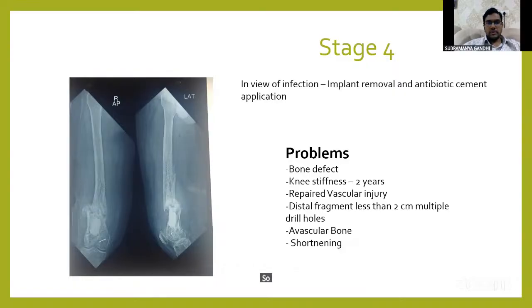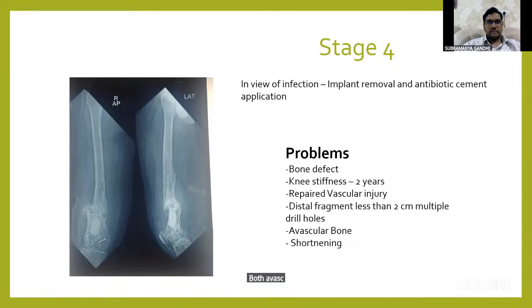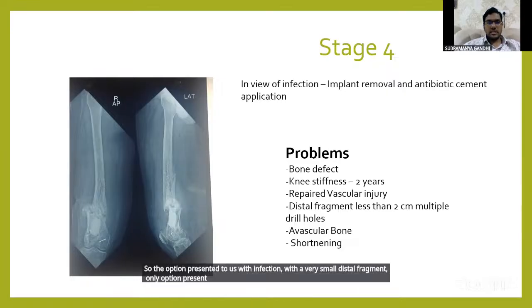We can see because of the multiple screws placed, the distal femur is around less than 2 centimeters only, with multiple drill holes, and we can see an area of avascular bone along with shortening. So the option presented to us, with infection and a very small distal fragment, the only option was Ilizarov fixation.